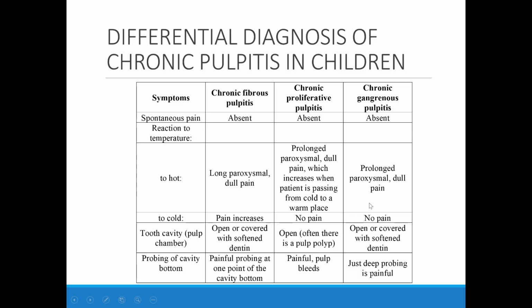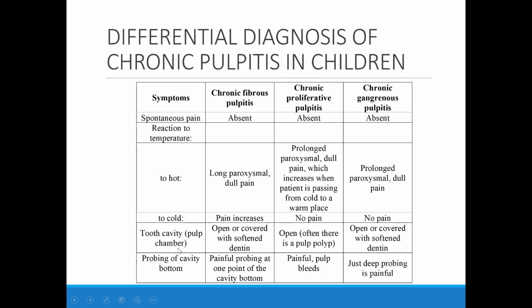And when we have chronic gangrenous pulpitis, we see prolonged paroxysmal dull pain. To cold, pain increases. In chronic proliferative, no pain, and chronic gangrenous, no pain.